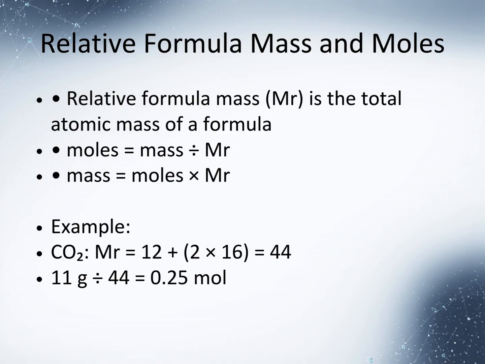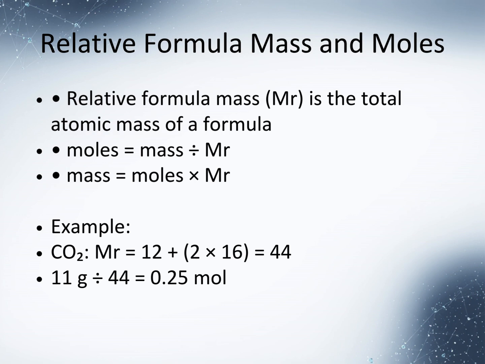Now we go on to talk about what relative formula mass is and how we work it out. Now, Mr is the total of the relative atomic masses in a formula. So say, for example, I say work out the Mr of CO2.